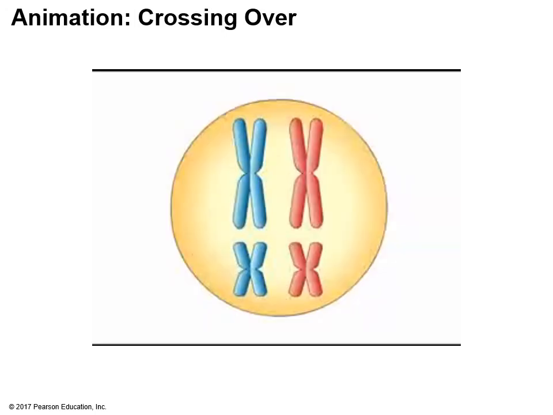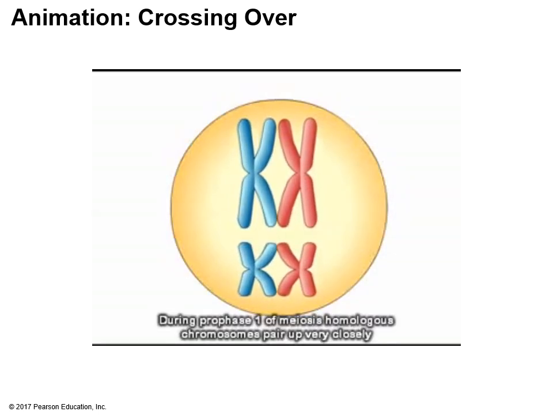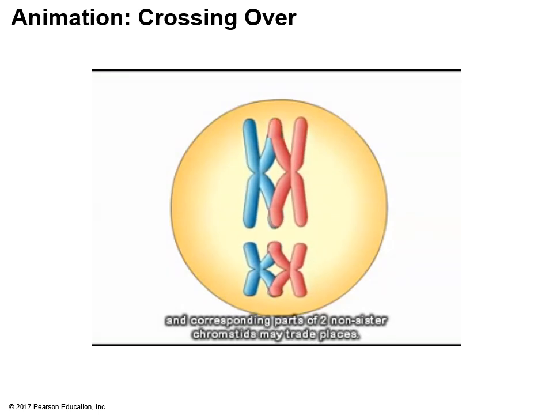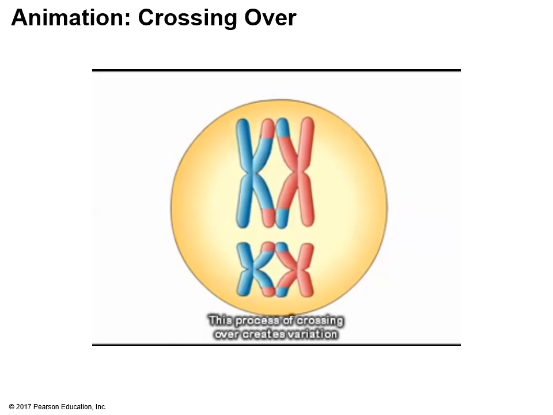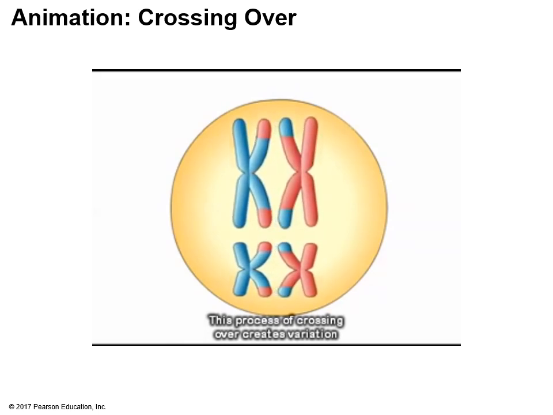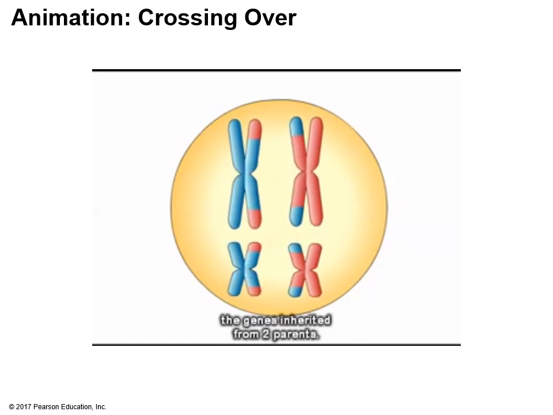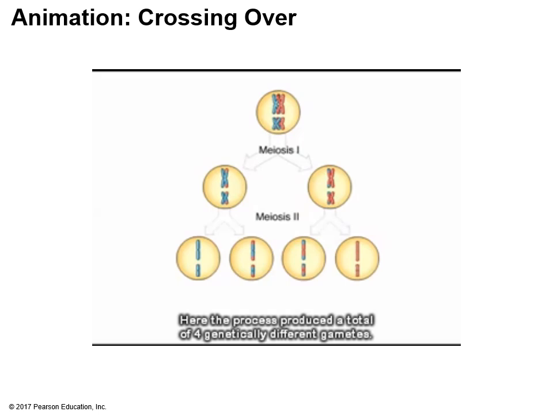Here's an animation of crossing over. During prophase 1 of meiosis, homologous chromosomes pair up very closely, and corresponding parts of two non-sister chromatids may trade places. This process of crossing over creates variation by producing chromosomes that combine the genes inherited from two parents. Here the process produced a total of 4 genetically different gametes.